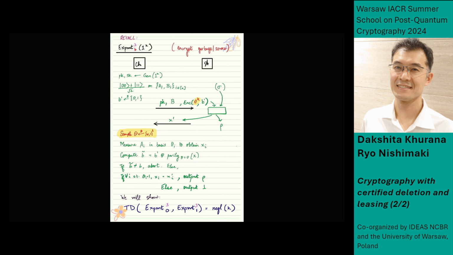And let's get back to the third experiment. In this experiment, theta is not in the ciphertext. We sample theta after the challenger receives the certificate and measure the left register A_i in basis theta_i to obtain x.